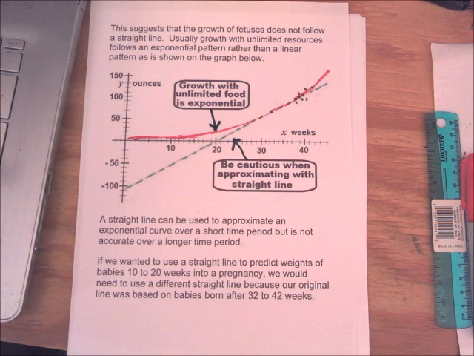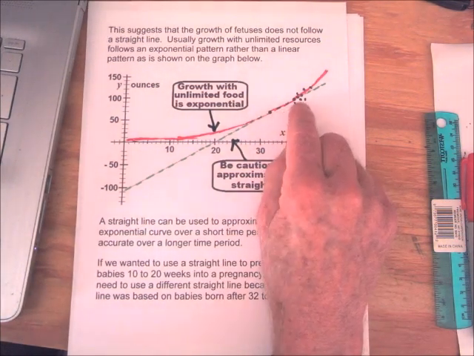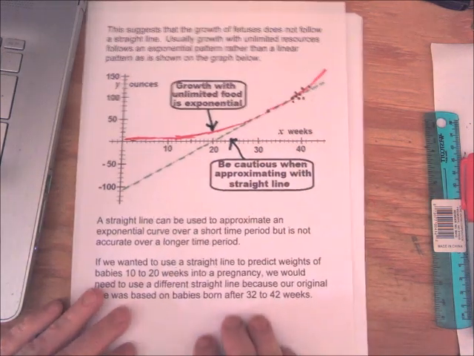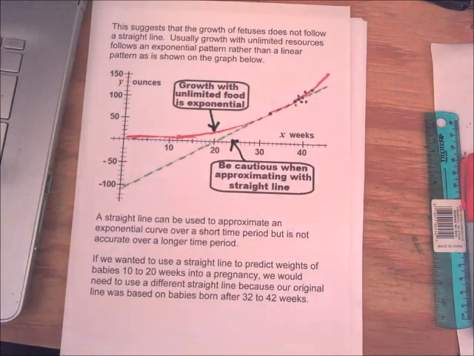To try to use the same slope for 40 weeks that we're using for 10 weeks is not going to work well. If you try to make predictions outside the domain of the original data set, that's called extrapolation.